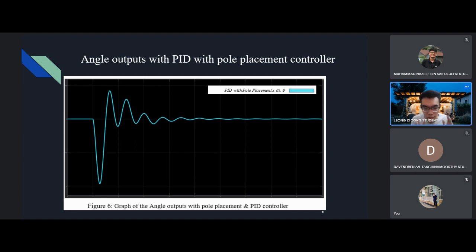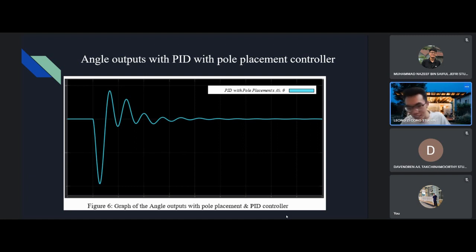And then the percentage undershoot is about 44.8%.